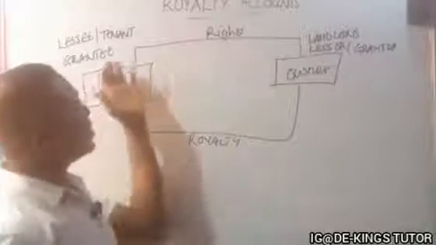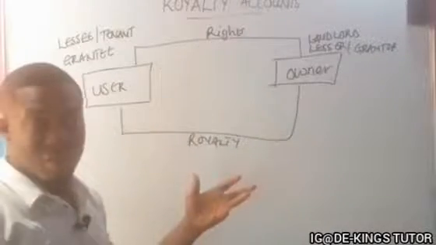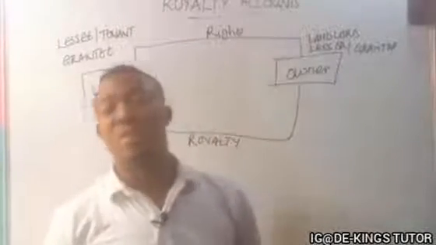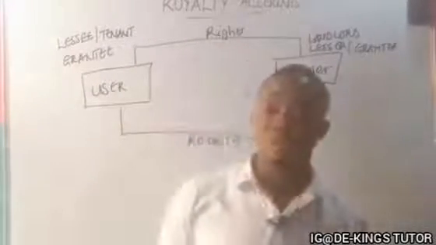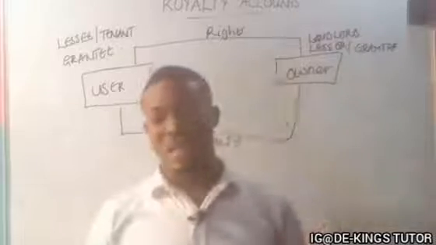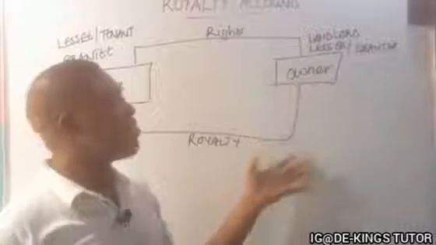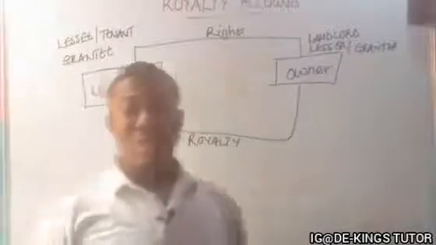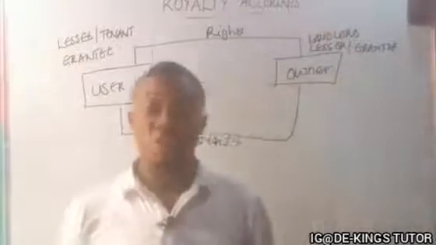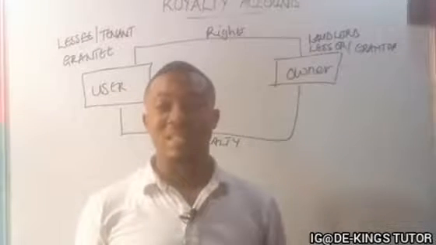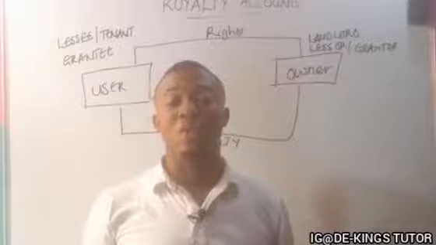So that is royalty. There are certain terms that are important to know while preparing a royalty account. This also serves as a situation. Remember, in the house you're staying, if it is not yours, you pay what we call rent. Why are you paying the rent? Because the building is owned by the landlord.